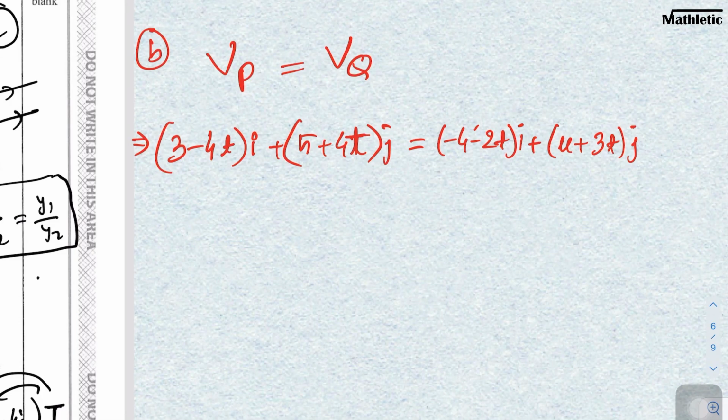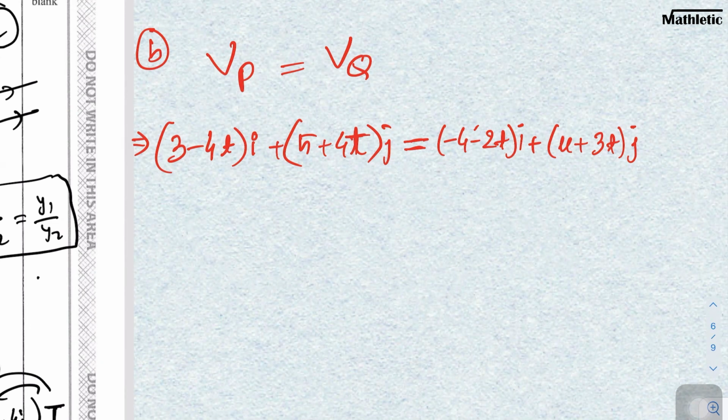So I have just substituted the equations for the velocities of particle p and q, and since it's the velocity after a certain time duration, you can use either capital T or small t. We are talking about one single instant, so that's why we need to use the same letter here. Okay, so since these are equal vectors, we need to compare the coefficients of i and the coefficients of j on both sides of the equation.